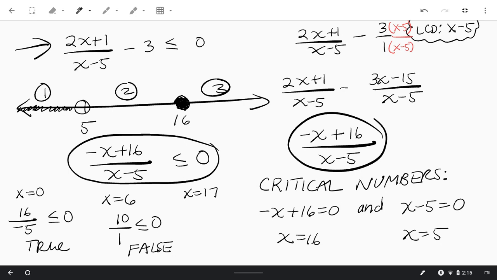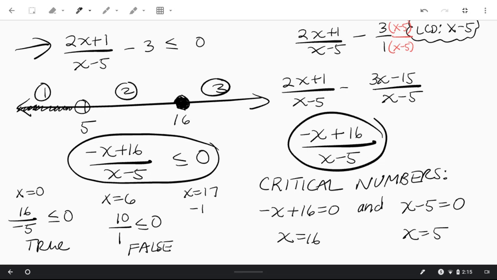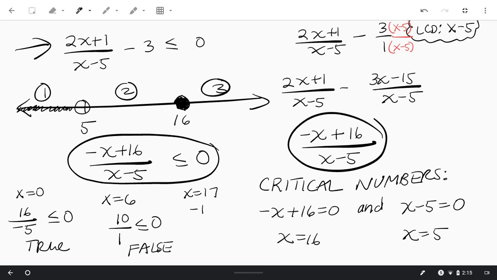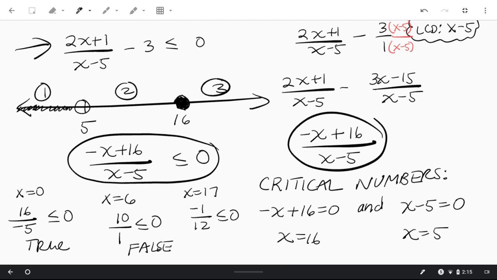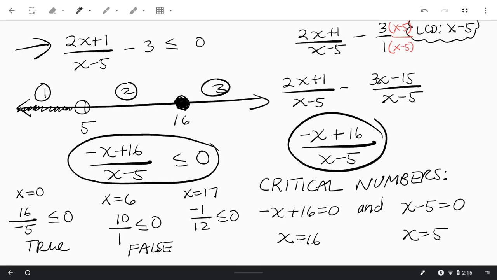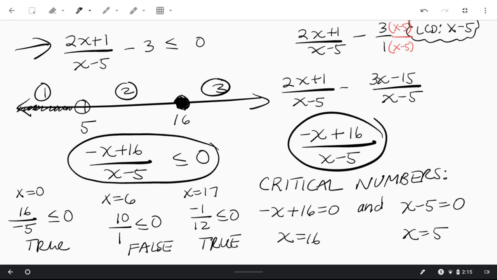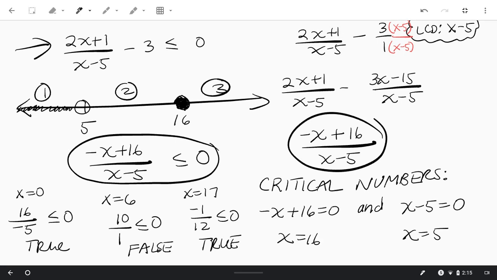So negative 17 plus 16 is negative 1. 17 minus 5 is 12. Is this less than or equal to 0? Well, yeah, because it's negative. Okay, so yes, negative 1 over 12 is less than or equal to 0. That is true. So I will go ahead and shade that region. So here on the number line, region 3 will get shaded in.